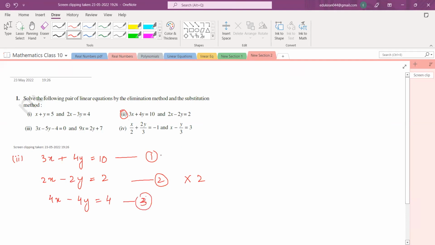So basically now I'll use this equation and this equation. Now one is positive and one is already negative, so I'll add this time, not subtract. When the signs are the same, we subtract, and if one is positive and one is negative, we add. So adding equation 1 and 3.